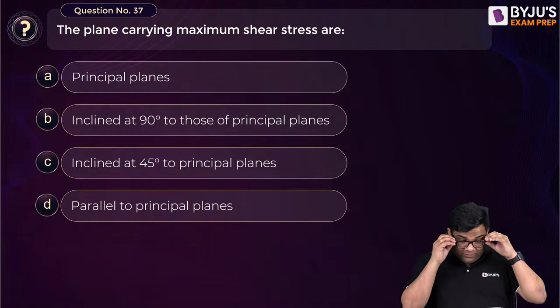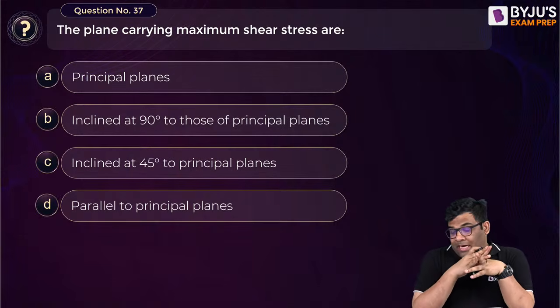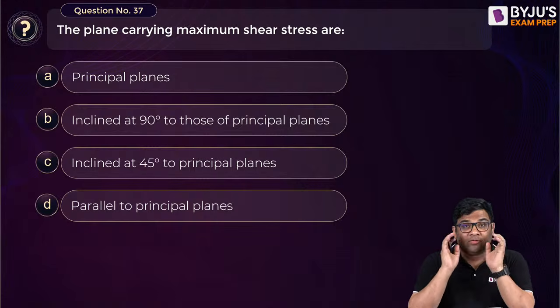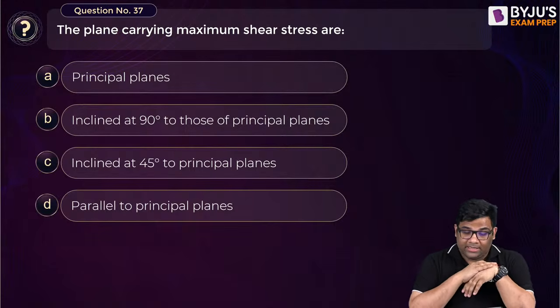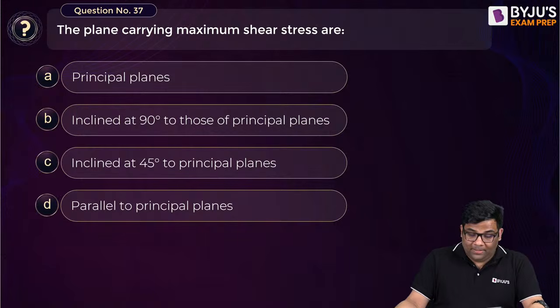See, all these questions are designed in such a way for your state exams, and this will also be GATE 1 mark questions, and also straightforward ESE questions. Okay, the plane carrying maximum shear stress. Answer this question.